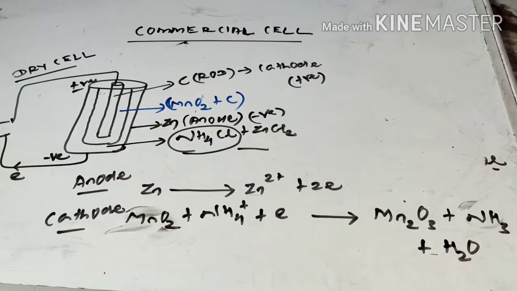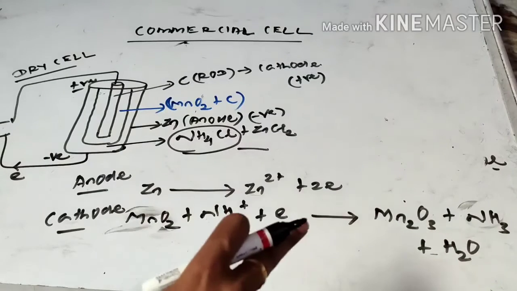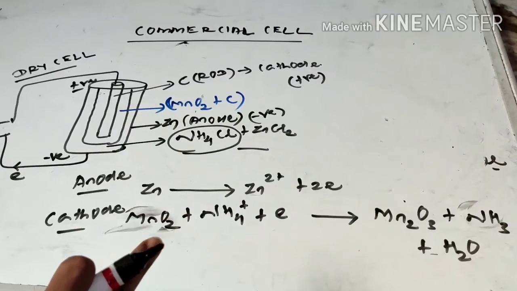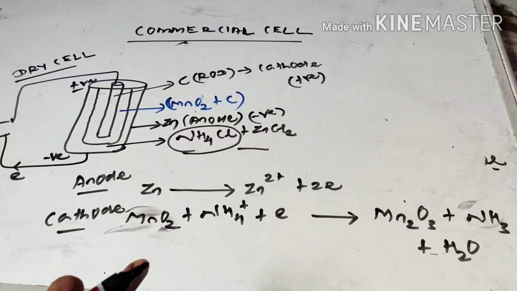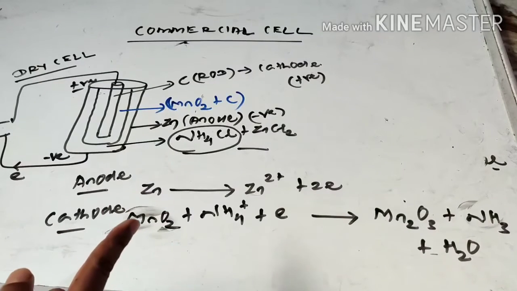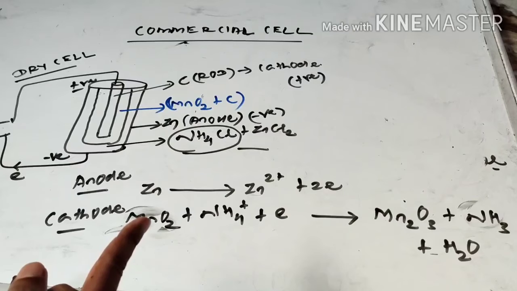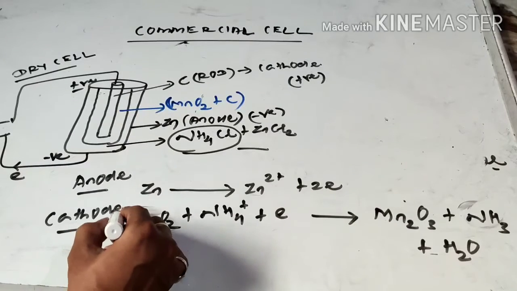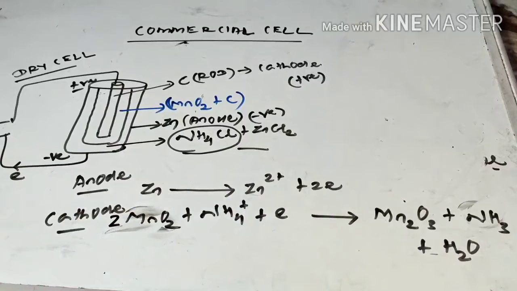So if I want to balance it, then this can be balanced. Here manganese is 2 and the oxygen is 3. If we write 2 here, then manganese 2, oxygen 4 is balanced.